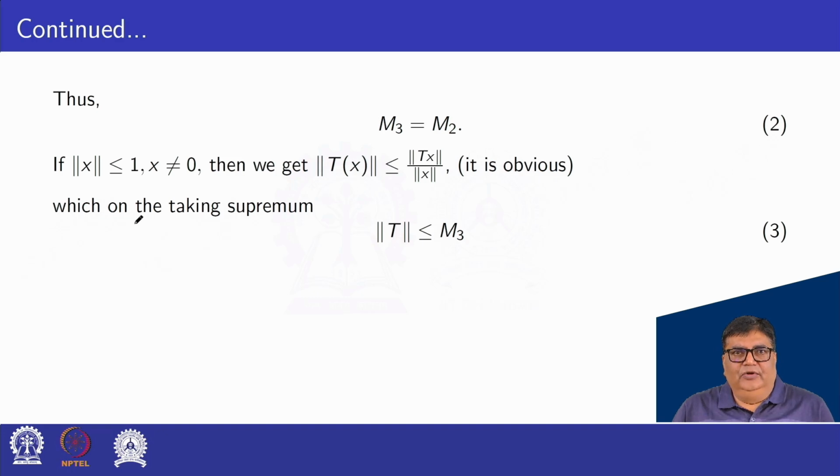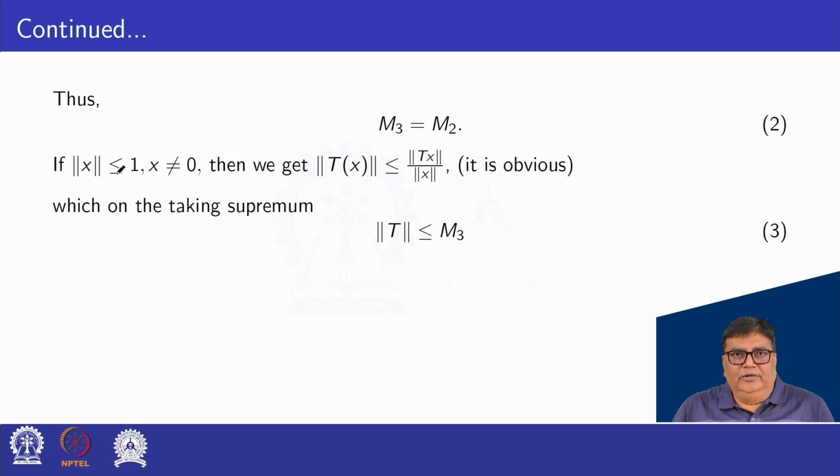Now I am taking the supremum of both sides of this inequality. So the supremum of norm Tx with norm x less than or equal to 1, and on the right side the supremum of norm Tx upon norm x with x not equal to 0.